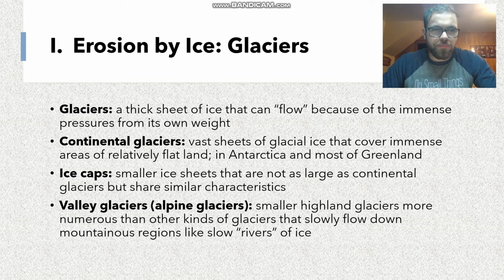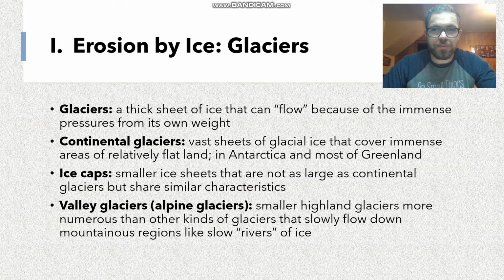And then we have valley glaciers. These are also called alpine glaciers. Valley glaciers are smaller highland glaciers, and they're more numerous than other kinds of glaciers. They slowly flow down mountainous regions like rivers of ice. We're probably more familiar with these kinds of glaciers.